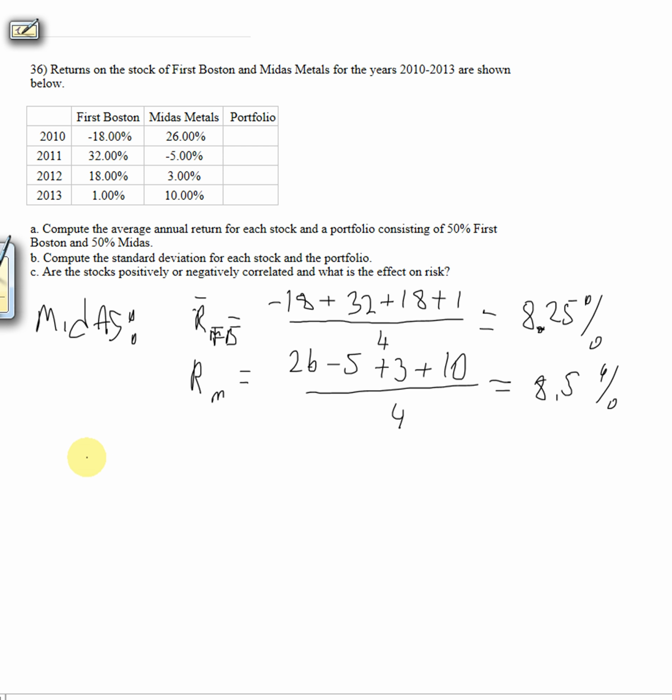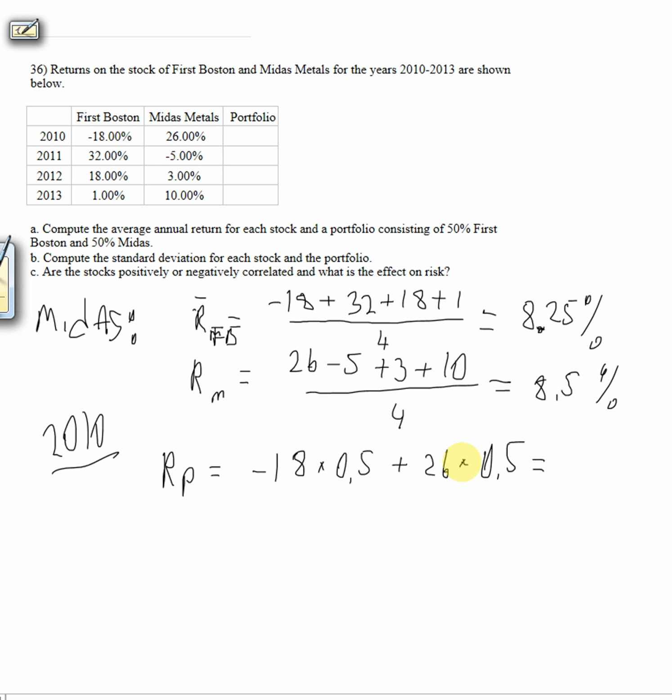So in that case, this would be for 2010, let's say 2010, portfolio return in 2010, let's call this RP, would then be minus 18% times the fraction of cash that's invested in First Boston, so that's 50%, so this is 0.5, plus the return in the first year from Midas is 26 times the fraction of cash, which is then 0.5, so 50-50 basically.